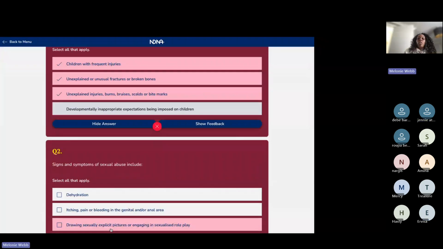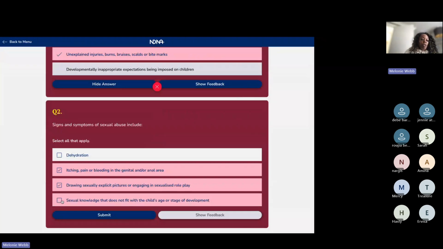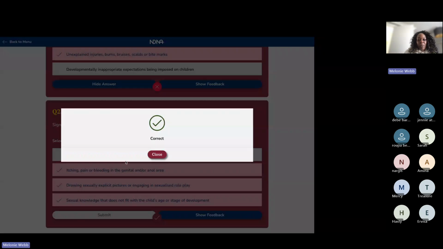So signs and symptoms of sexual abuse: itching, pain or bleeding in the genitals or anal area, drawing sexually explicit pictures or engaging in sexualized role play, sexual knowledge that does not fit with the child's age or stage of development. What about dehydration? No, well done.